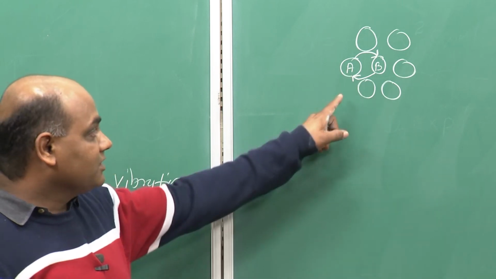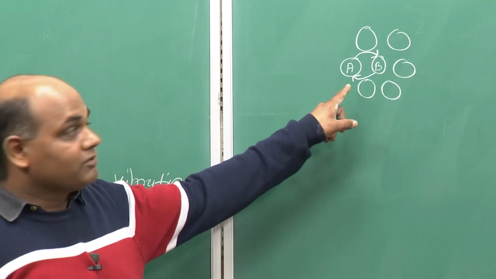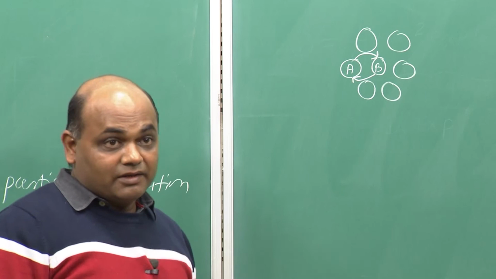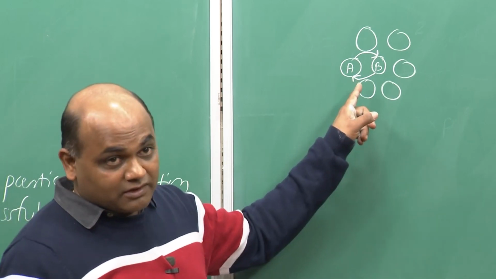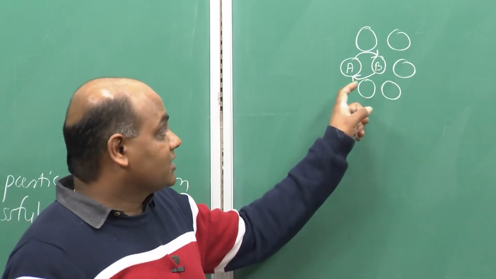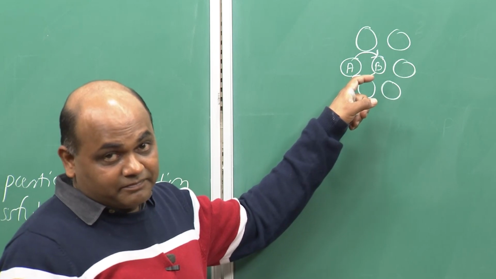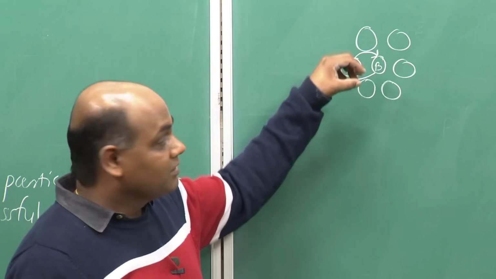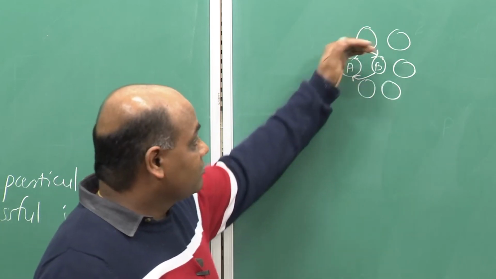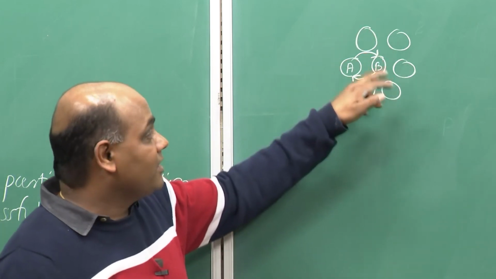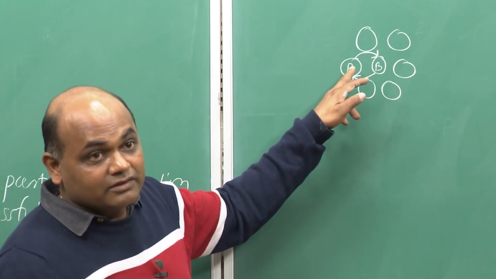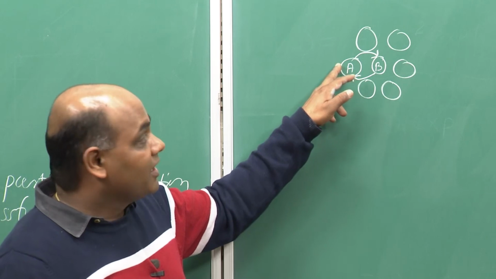Now, you can imagine the activation barrier for this mechanism would be very high, because so many conditions have to be satisfied. A has to gain enough energy to push apart all the neighboring atoms and move into B's position. At the same time, B has to gain enough energy to move into A's position. It is a very high energy process.